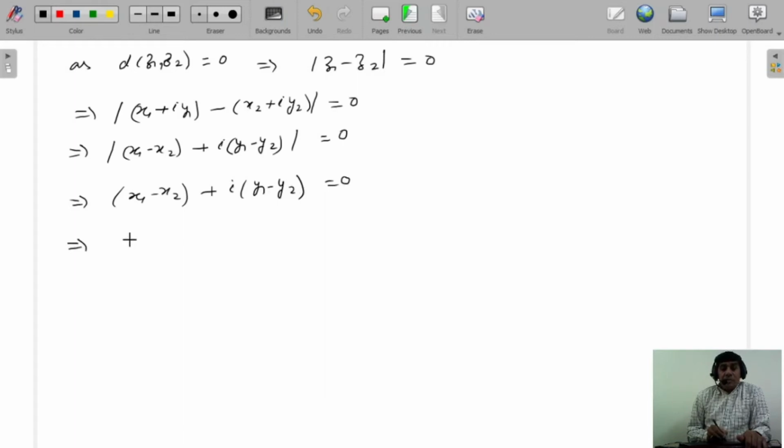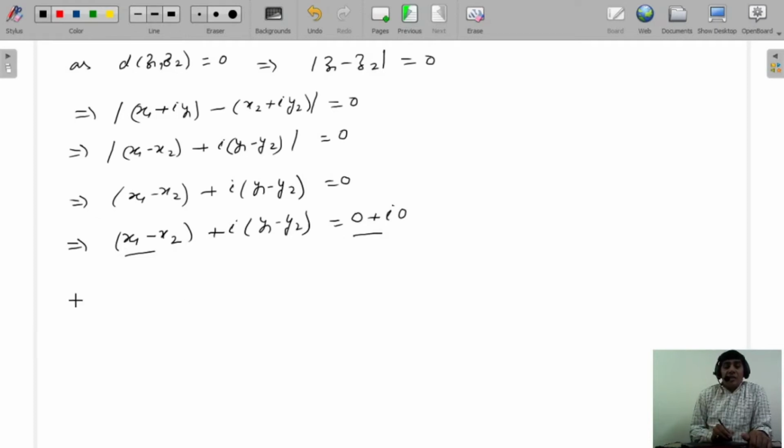This implies (x1 minus x2) plus iota (y1 minus y2) is equal to 0 plus iota 0. Comparing the real and imaginary values on both sides, we have x1 minus x2 is equal to 0 and y1 minus y2 is also equal to 0.